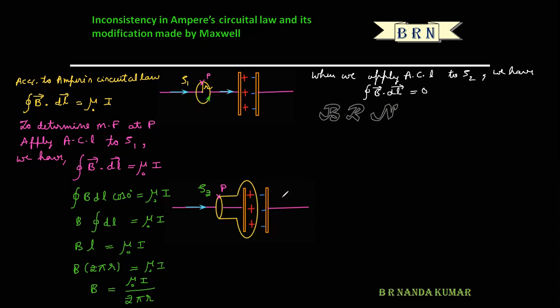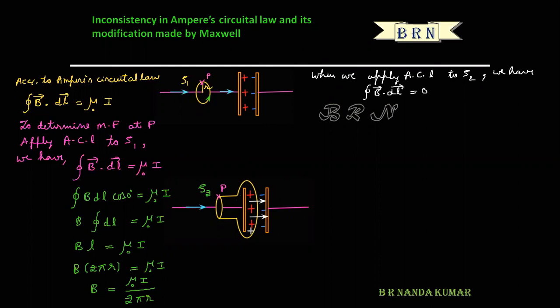Now look at this part of the circuit carefully. In between the plates there is a uniform electric field. Electric field always starts from positive charge and terminates on the negative charge.